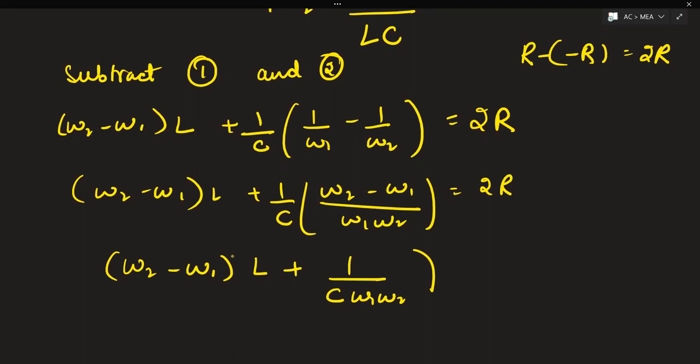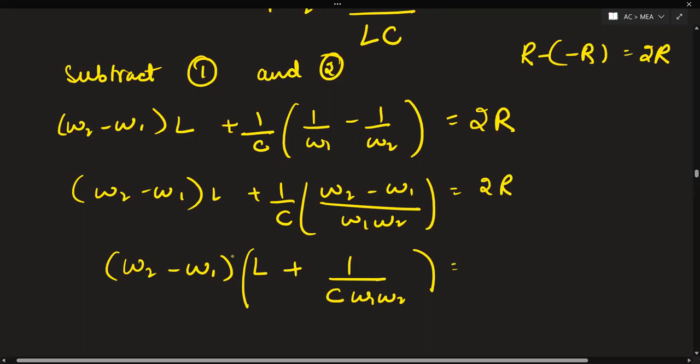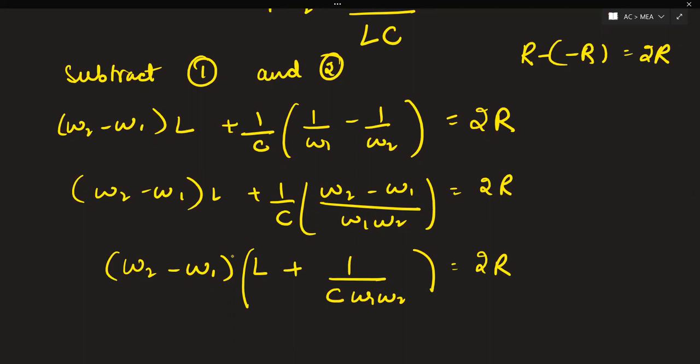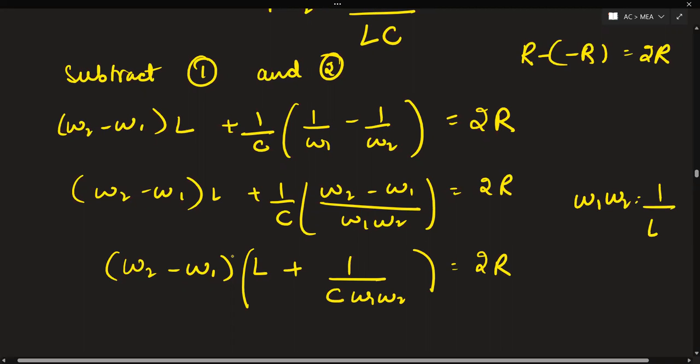And this is equal to what? This is equal to 2R. See, what did I do? What was the value of omega 1 omega 2 that I was getting? Omega 1 omega 2 from the above part, I got it as 1 by LC. That only I have kept around.